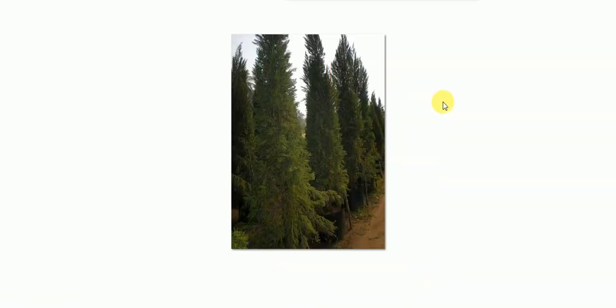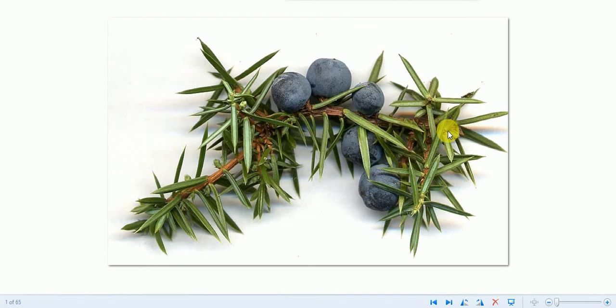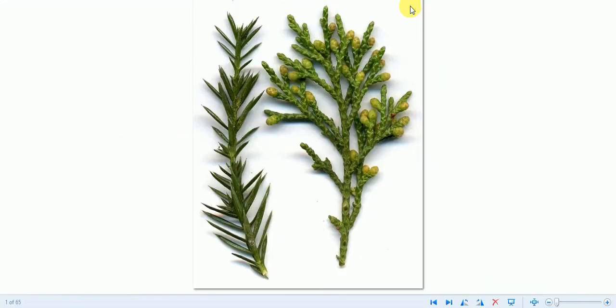See here, this is a photograph showing a juniper tree. Actually, this is grown as an ornamental tree in the plain areas. This photograph shows the leaves and cones of the juniper tree. And this is another photograph showing leaves and cones of junipers.